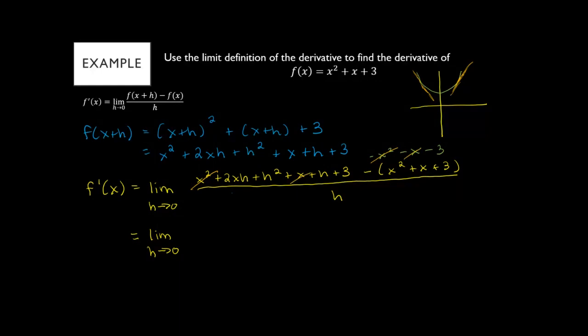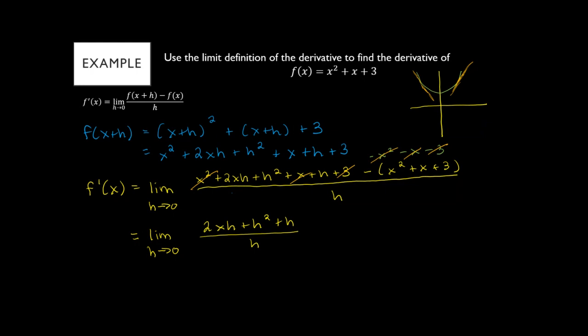I have a plus x minus x, and then I have a plus 3 minus 3. And so everything I subtracted basically cancels out, and I'm left with things that only have h in them. So we have 2xh plus h squared plus h over h. If you're doing this right, when you subtract f of x, everything in that part should cancel out with something else. And if it doesn't, then that means you have an error somewhere in your algebra.